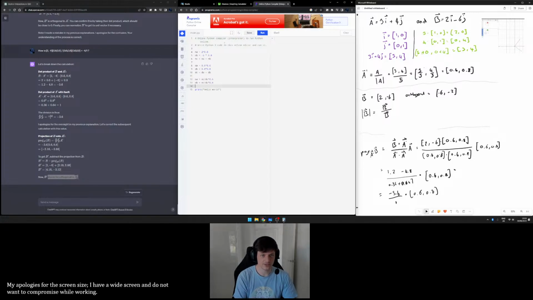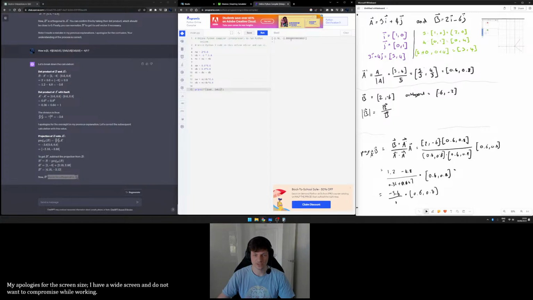Let's try that. Let's print out OA. I think I could do that actually. Maybe something like that. Is it like that? Don't know. OB. Let's see what happens. Run. Negative 216, negative 28.